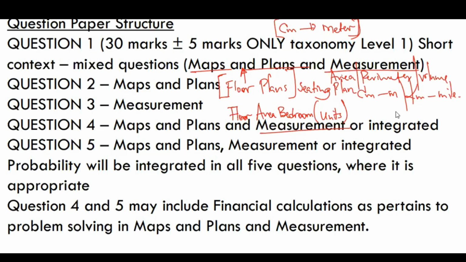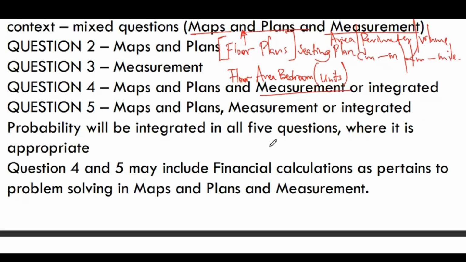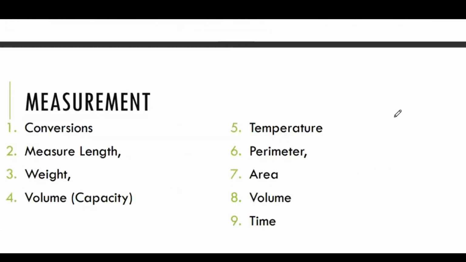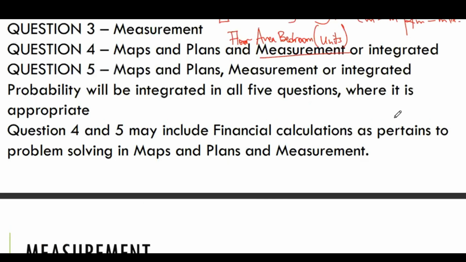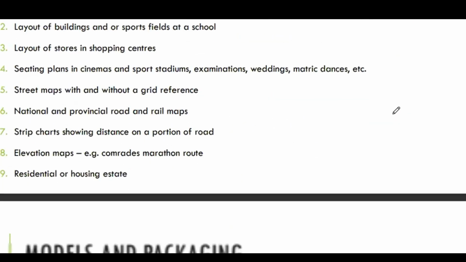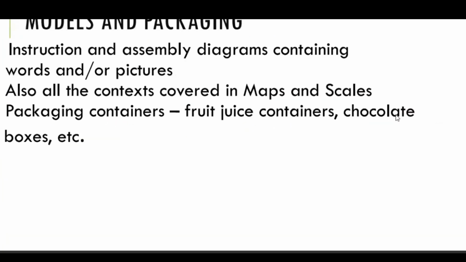Another thing, if the question is 8 marks, don't get scared because the question is 8 marks. You will have to get some marks from there. You understand? We take examples of, for example, the area to be painted.